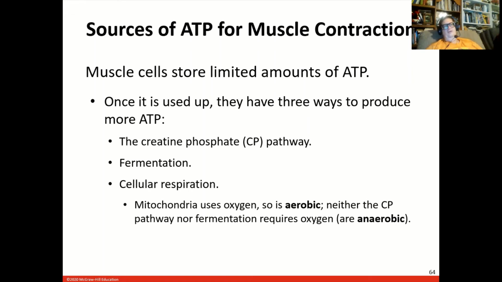Yeast would build up alcohol. Woohoo! Cellular respiration is the third one. This is the method that would be the best. If we can take in enough oxygen to supply the mitochondria, that makes the breakdown of sugar a lot more efficient. We get a lot more energy out of it if we can run through the mitochondria.